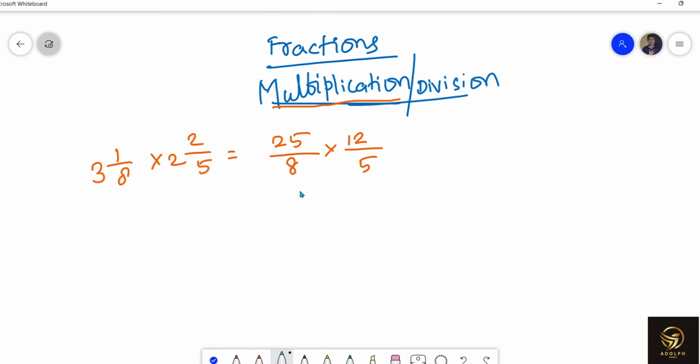Now what we have to do, as I said before, for multiplication, is multiply numerator by numerator and denominator by denominator. I just have written for two fractions. If you have 3, 4, 5, whatever it is, just multiply all the numerators and write it in the numerator, multiply all the denominators and write it in the denominator.